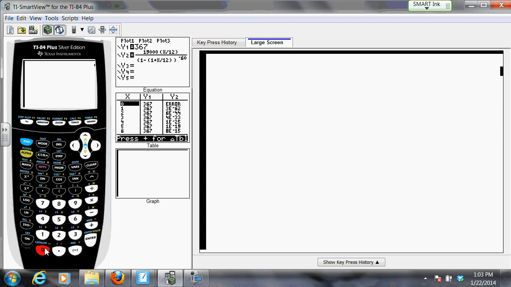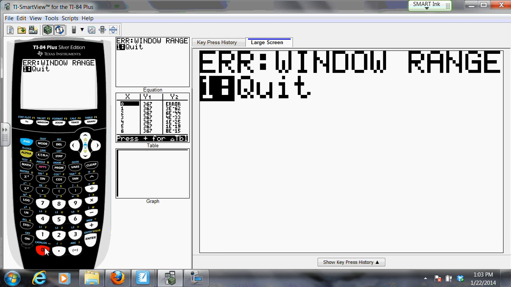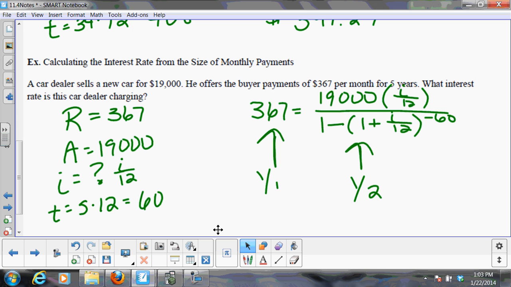I'll keep playing with it. I don't know what to tell you. The answer is 6% though. That is the answer, 6%, but you've got to keep playing with your window.